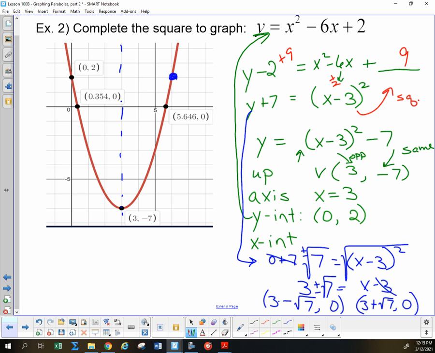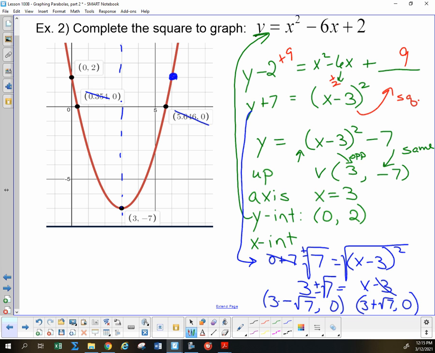We have it opening up. Our x-intercepts, 3 minus root 7 and 3 plus root 7, comma 0. You would not actually be writing these on your graph in decimal form or even needing to write them with the square root there. But if you punch 3 minus root 7 into your calculator, you would get the 0.354 that you see, and 3 plus root 7 would give you the other decimal that you saw up here.